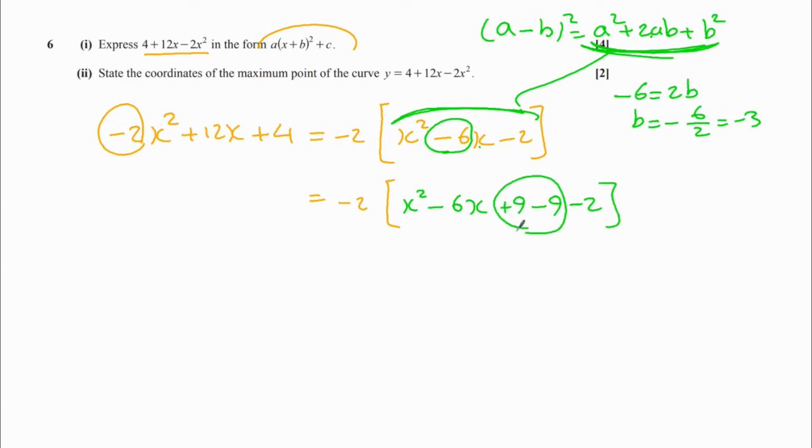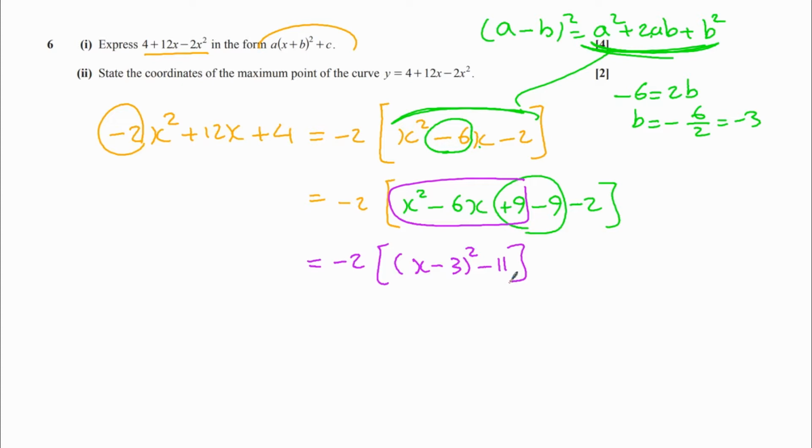What I'm doing is adding 9 minus 9, which is 0. But the reason that I'm doing that is because I know that this makes a completing square. And that completing square is minus 2 times (x minus 3) to the power of 2. And the rest is minus 9 minus 2, which is minus 11.